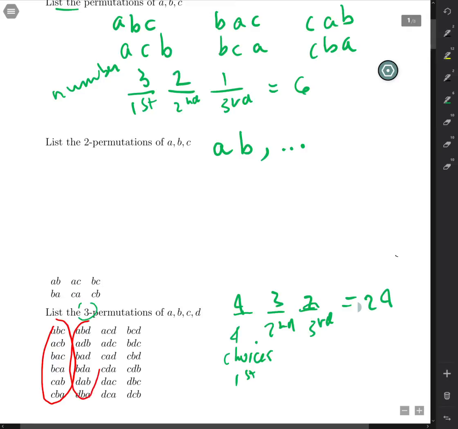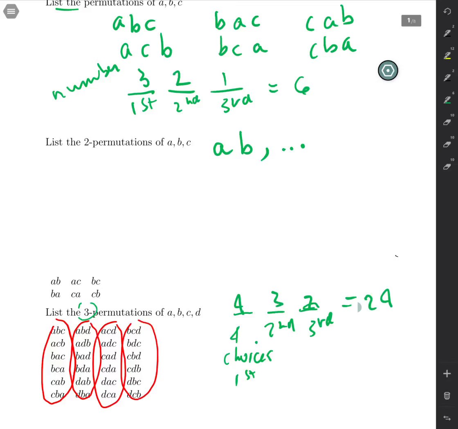These right here are all the letters A, B, D, and the 6 different orderings. These right here are all the letters A, C, D ordered, and these are all the letters B, C, D ordered. So I've arranged them that way, and that will have some meaning based on what we do later.